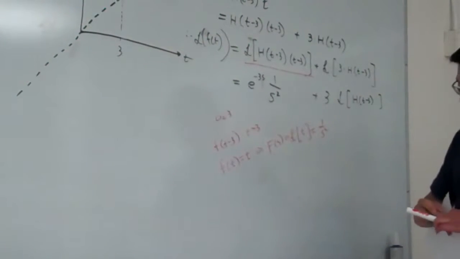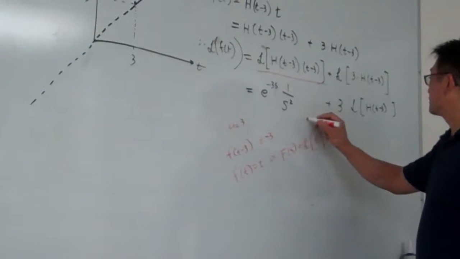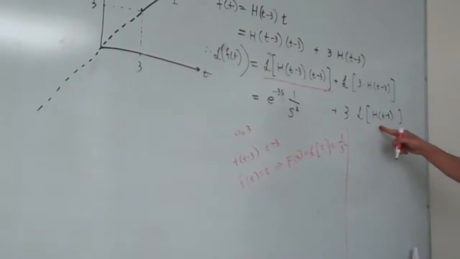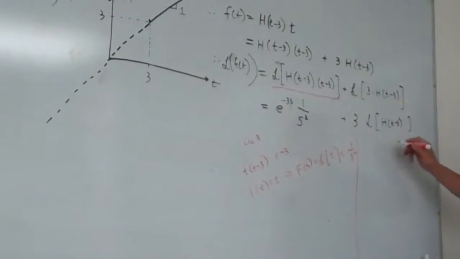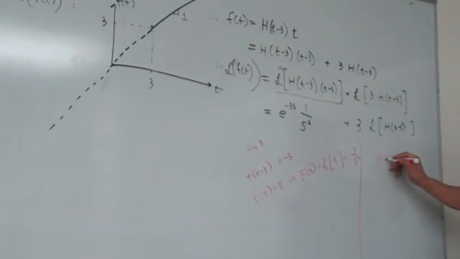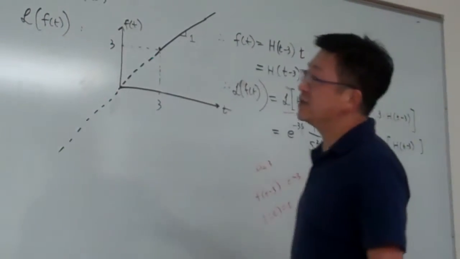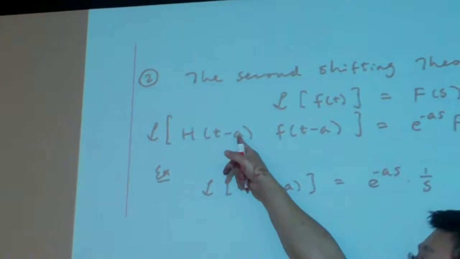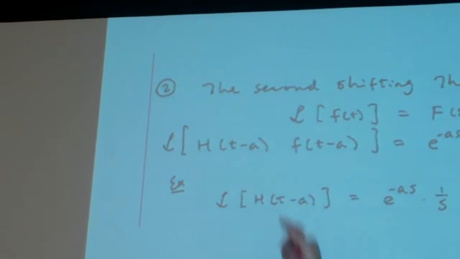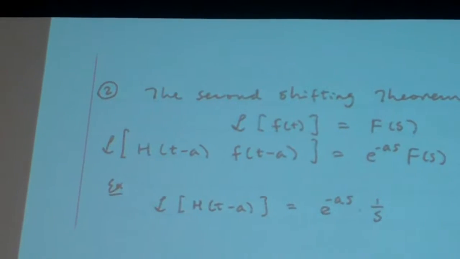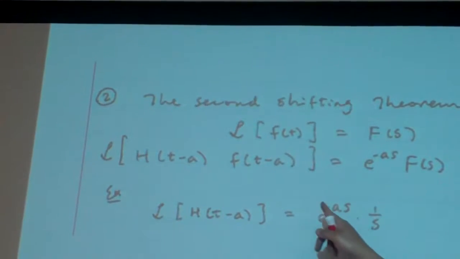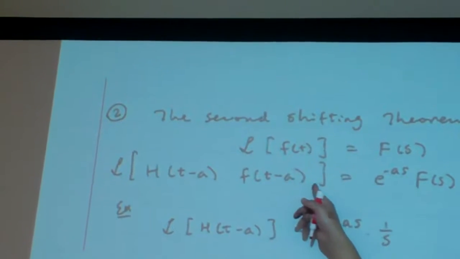Again, one more time: for this case, a equals 3, because of h(t minus a). From here, I identify h(t minus 3), so I identify a equal to 3. And for this case, the f(t minus a) is the constant 1.